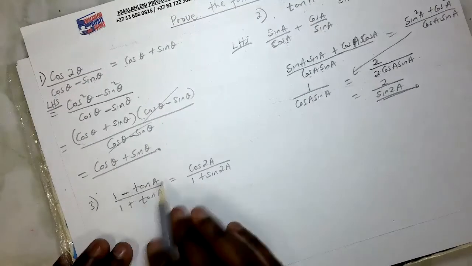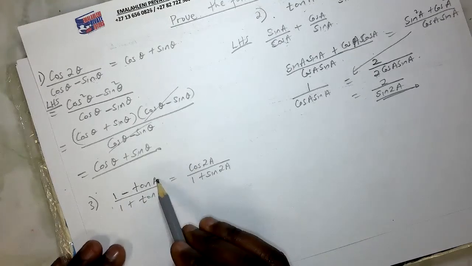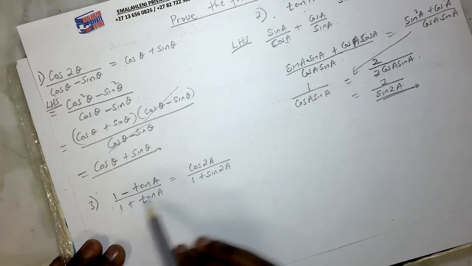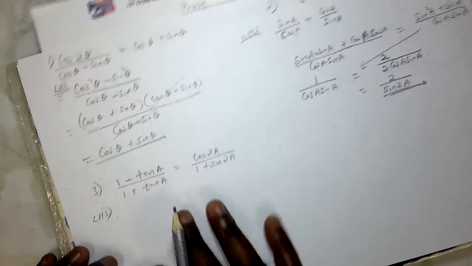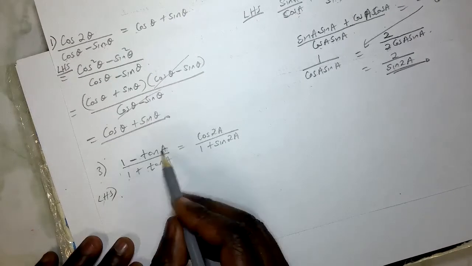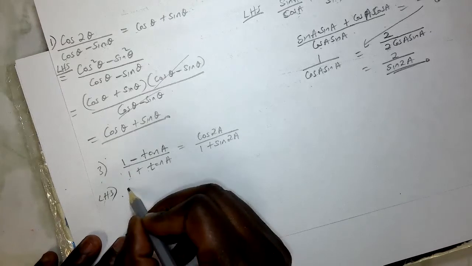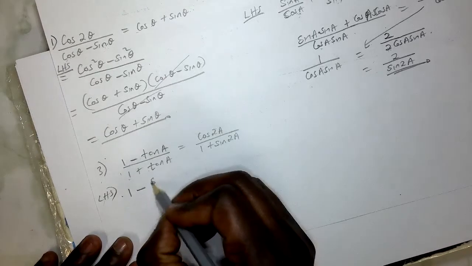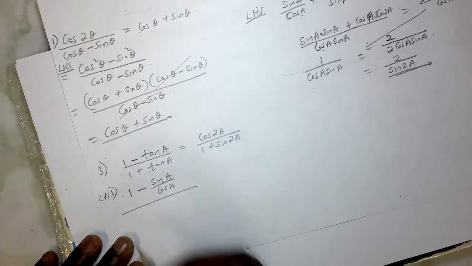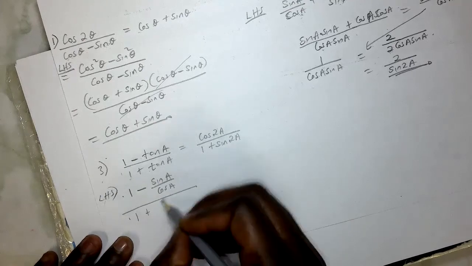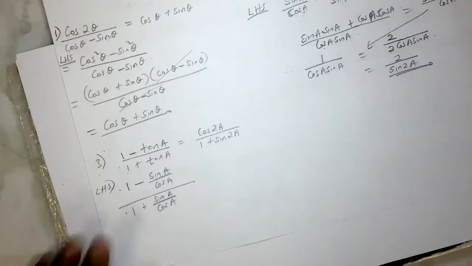Now, let's check what we are having here. We are having 1 minus sine A over 1 plus sine A, or tan A, 1 over tan A. We need to prove this. Let's check the left-hand side. What do we know about tan? It is expressed as sine over cos. So we're going to say 1 minus sine A over cos A all over 1 plus sine A over cos A. Hear me now.